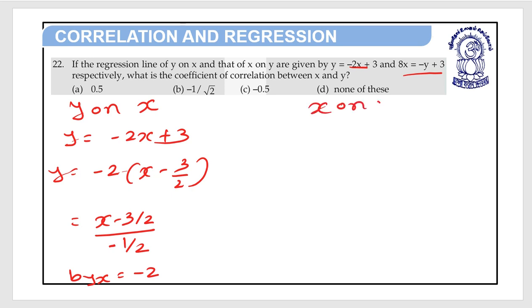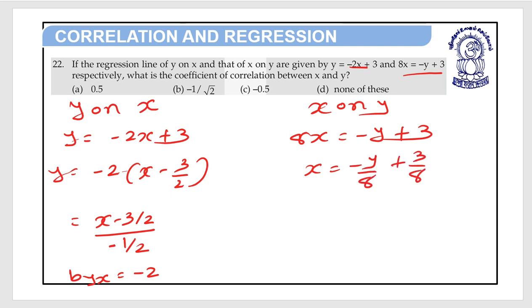Now x on y, 8x is equal to minus y plus 3, x is equal to minus y by 8 plus 3 by 8. So bxy is equal to minus 1 by 8.